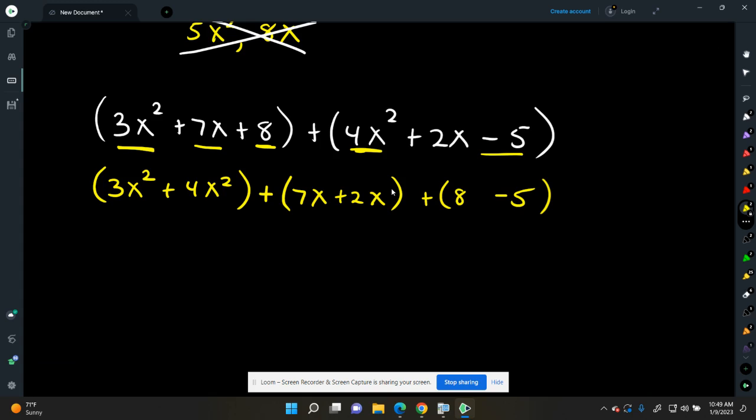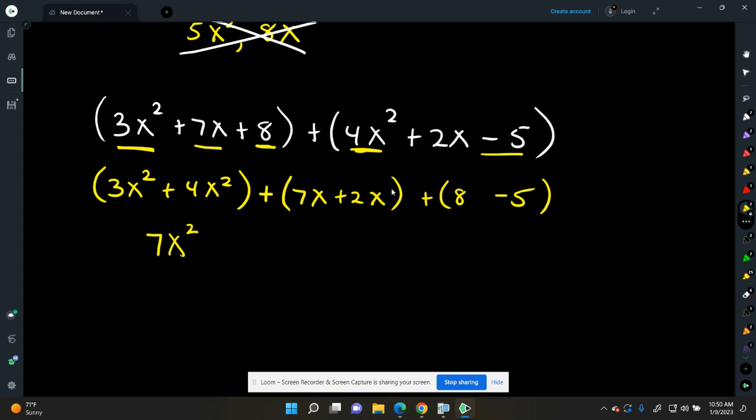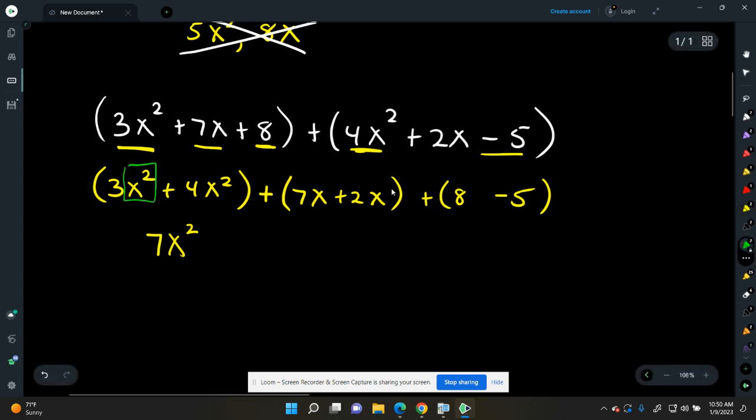3x squared plus 4x squared. 7x to the fourth? Squared. No, squared, right. So I'm taking 3 of something and I'm adding 4 of that same thing. Doesn't matter what it is. So I'm taking 3 of this green box and I'm adding 4 of the green box.